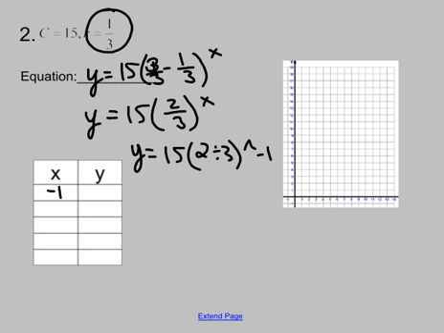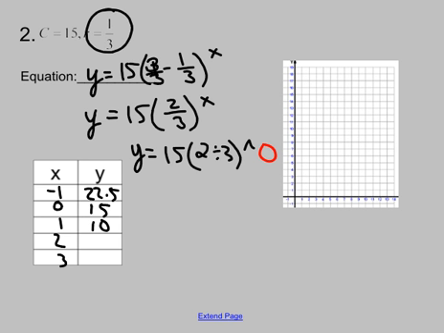If you can get negative 1 here in 22.5, then go back, get rid of the negative 1, let's go to 0. So go back, and 0 should give me a value of 15. If you don't get a value of 15, you might have typed something into your calculator or forgot a parenthesis or something. Then I change it to 1. When I do that, you're going to get 10.